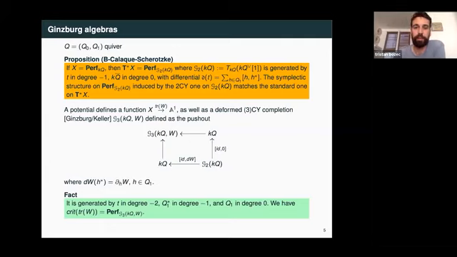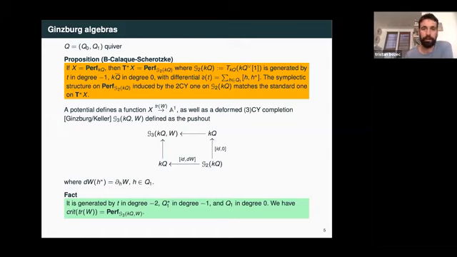So this is really the derived version of the preprojective algebra, which can be retrieved when you consider just the zeroth cohomology group of this dg-algebra. And the fact is that it is a 2-Calabi-Yau algebra, and that induces a symplectic structure on its perf, and it actually matches the standard symplectic structure on the cotangent stack.